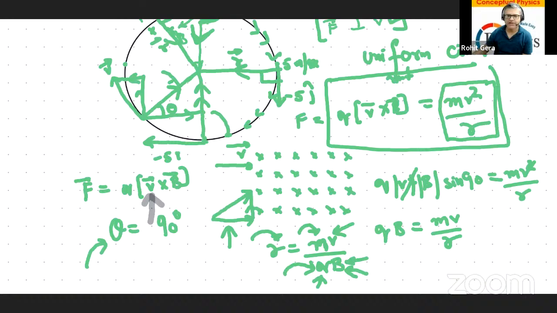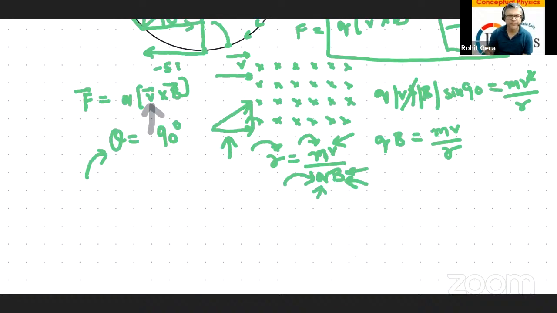So you can see, you can control the radius of revolution by 4 methods. One, mass. You cannot change the mass of a charge which is in circular motion suddenly. You have velocity. That also is decided when you entered. You cannot change the charge on the particle if it is undergoing a revolution suddenly.